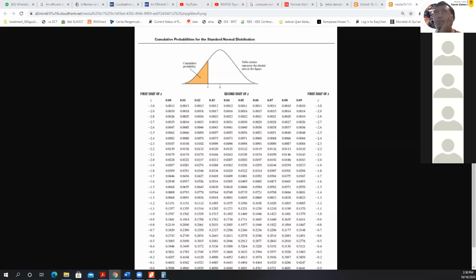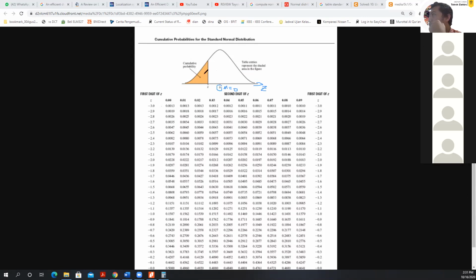Okay, we have the table being like this. I explained to you about this table. This is the standard normal distribution table, and this is the standard normal, meaning that the average or mean is 0, and the x-axis is the variable z here.